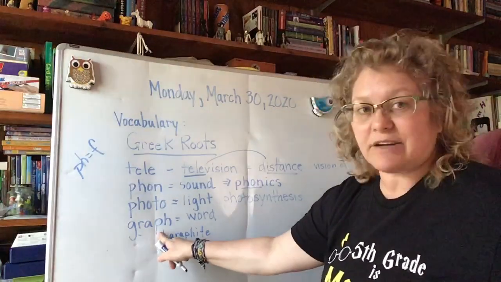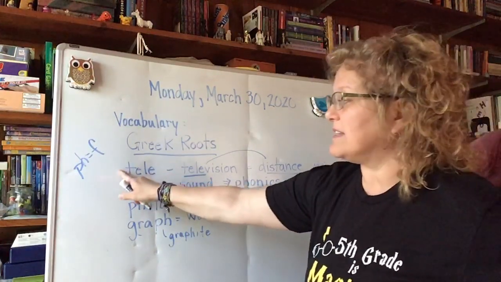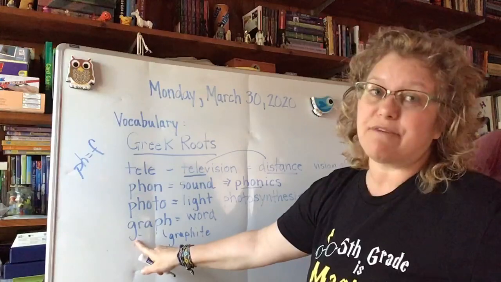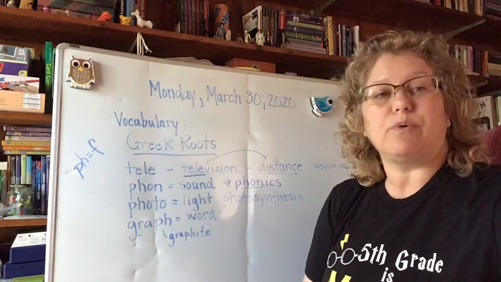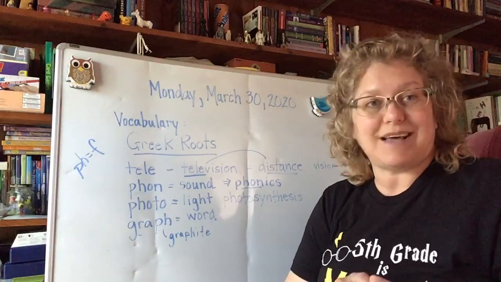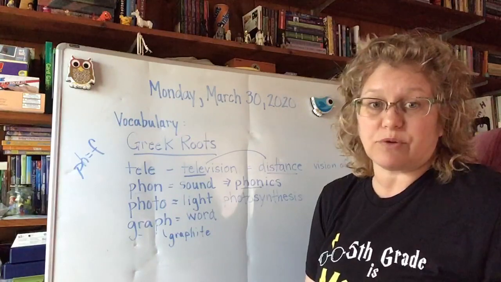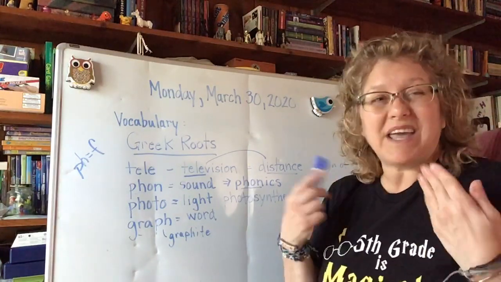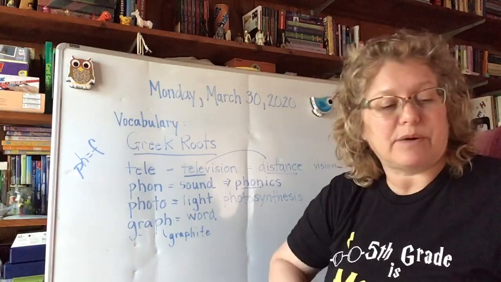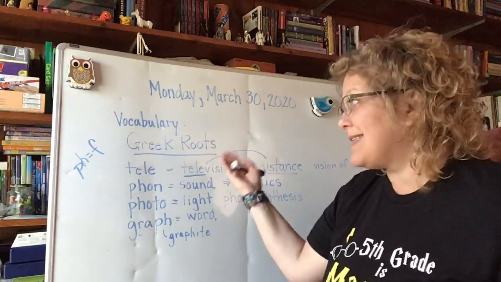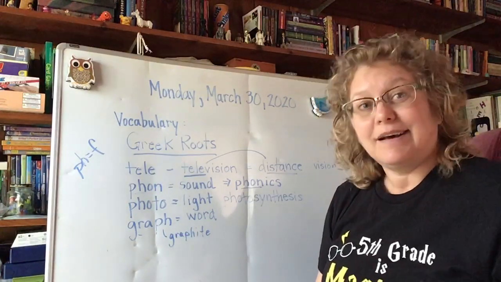So graph actually means word. So if I combine these two, telegraph, it's going to be word from a distance. And remember that people would use telegraphs to send messages to one another. That's how things first started. Now words change over time, so we have to really put ourselves in that frame of mind to think from long ago, and what did that really mean? So today, these are your vocabulary roots that I want you to work on. All right? Thank you.